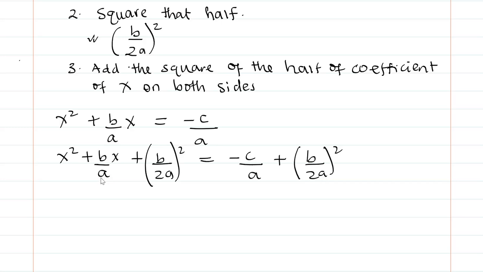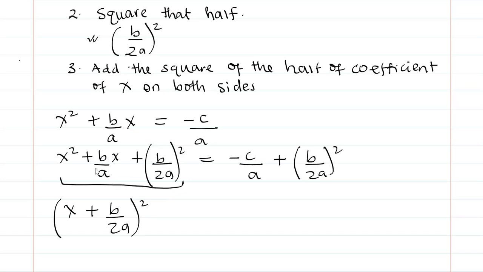The perfect square becomes x plus b out of 2a, squared. Remember, if we expand this, it should give us the whole of this.